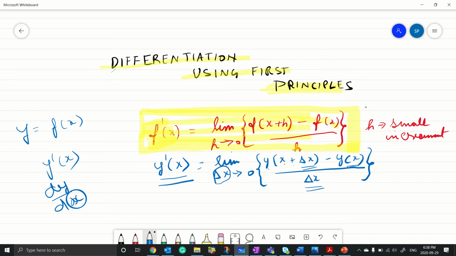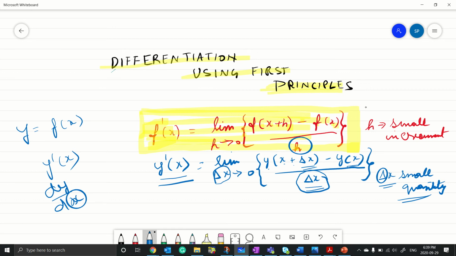All right, and it is important to note that h here and delta x here are the same. They are just different representations, okay. And also delta x, basically delta means a very small quantity or small increment or small quantity, whatever you want to call it.